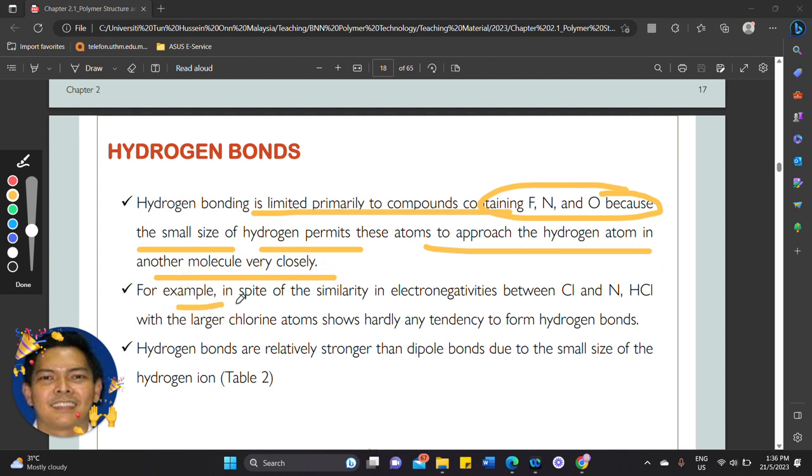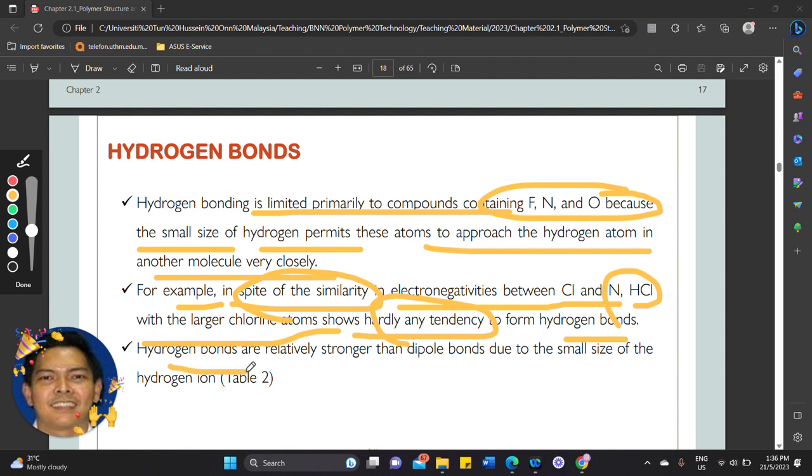For example, in spite of the similarity in electronegativity between Cl and N, HCl, with the larger chlorine atom, shows hardly any tendency to form hydrogen bonds. Hydrogen bonds are relatively stronger than dipole-dipole bonds due to the small size of the hydrogen ion.